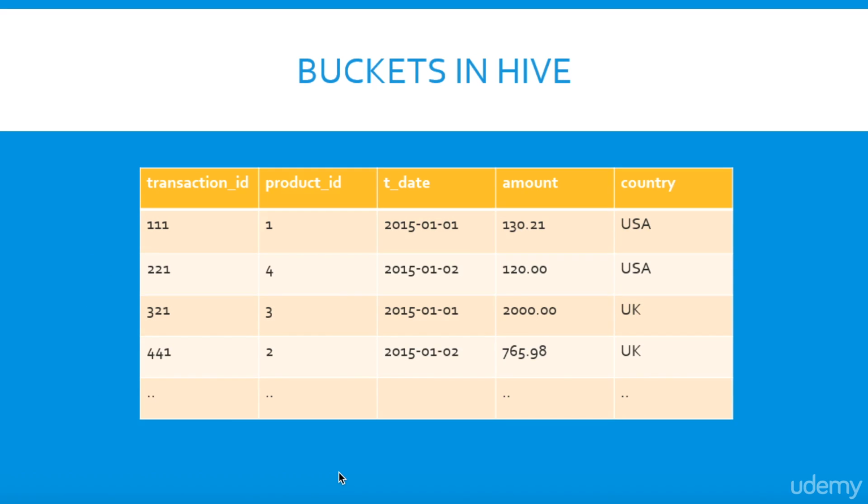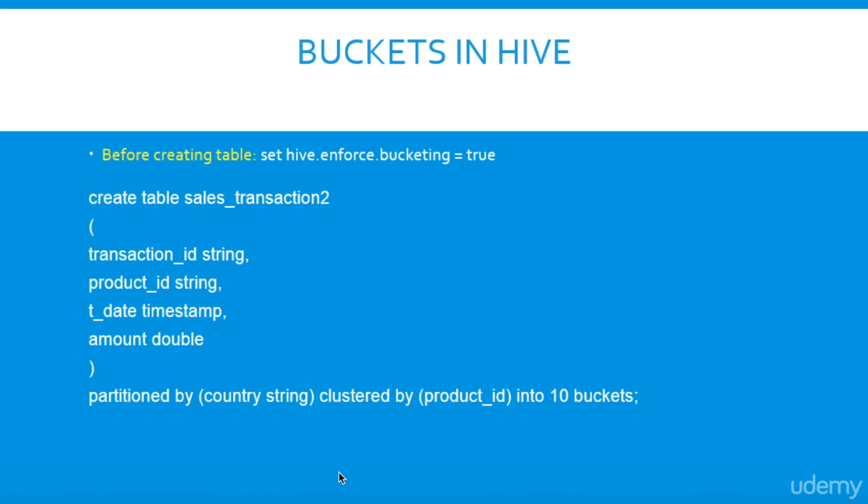Buckets in Hive. Partitions in Hive can be further subdivided into buckets. So bucketing in Hive is another approach to store data into more manageable parts. Look at the sample data here. Now I will create a table which will be partitioned based on country and clustered by product ID. Look at the table definition here.